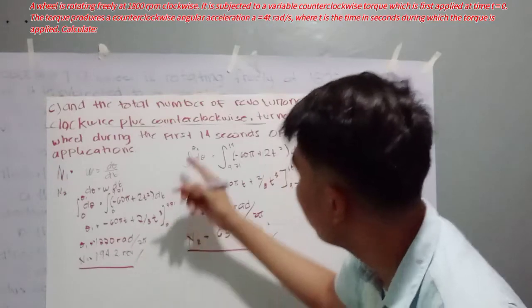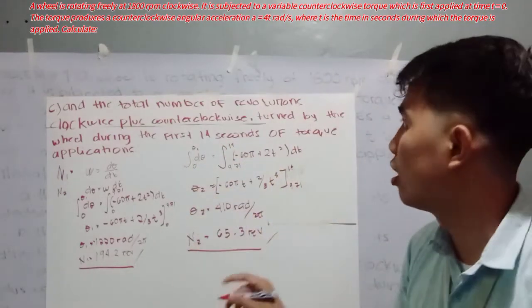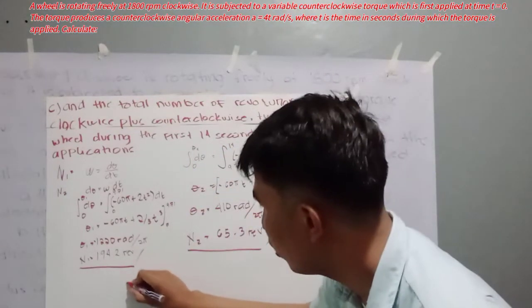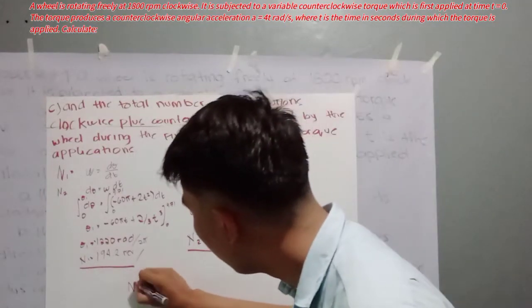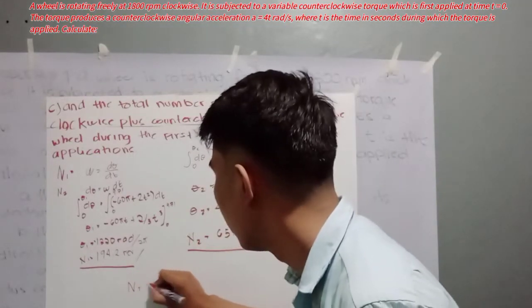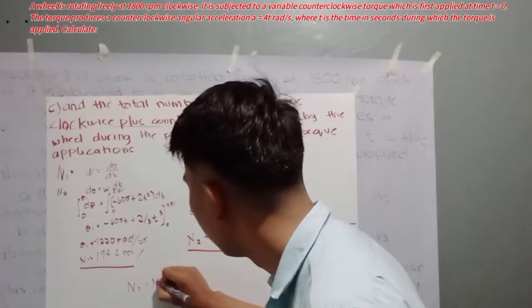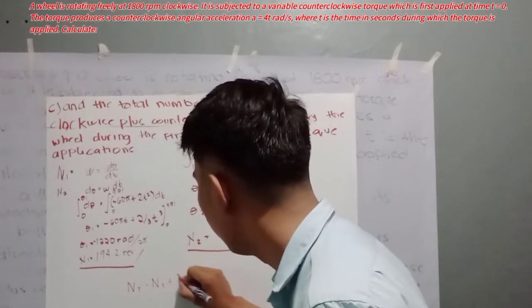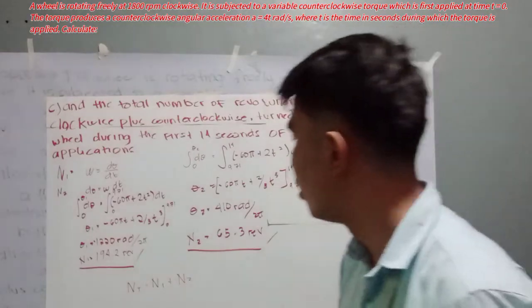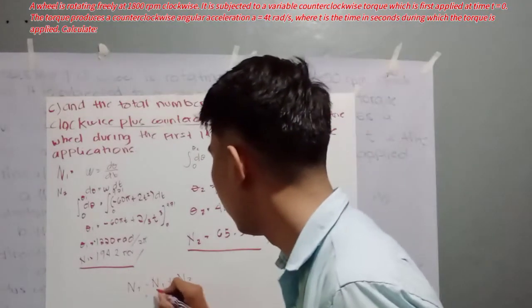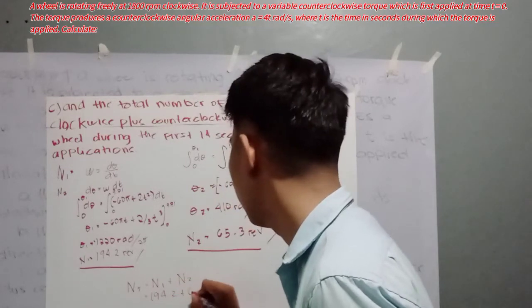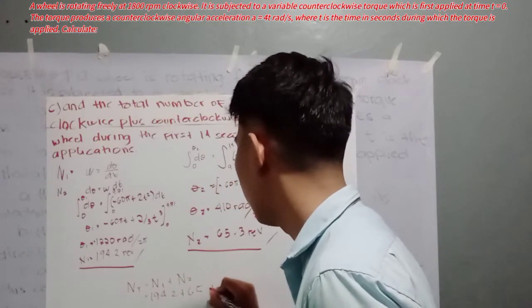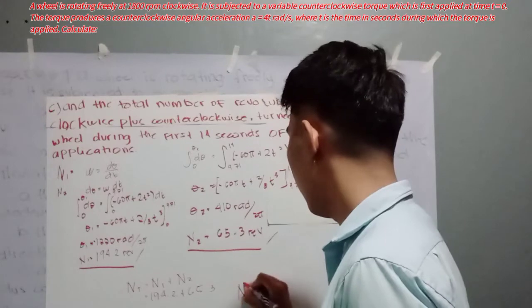Now the total number of revolutions, clockwise plus counterclockwise. To find it, we add them. The total NT equals N1 plus N2. Substituting, 194.2 plus 65.3.